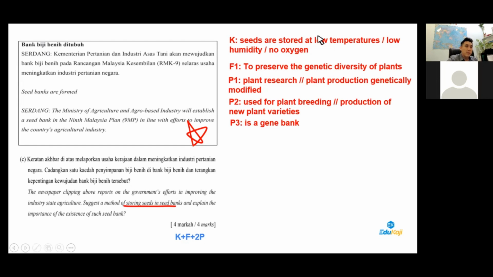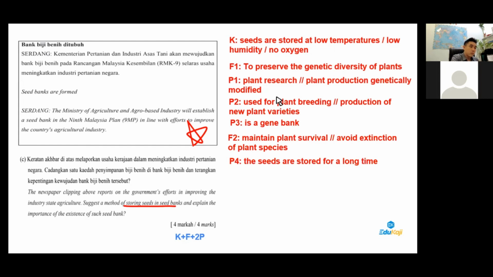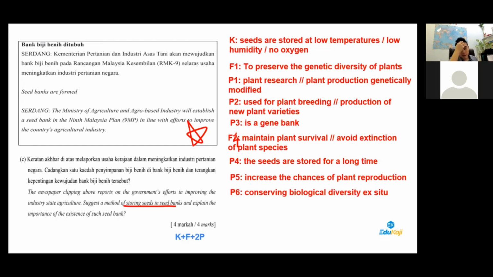And because of this, guys, extinction can be avoided or prevented. Seeds can survive a long time and it has a higher survival chance. Okay. This one better draw 2 stars. Might be a bit challenging for some.